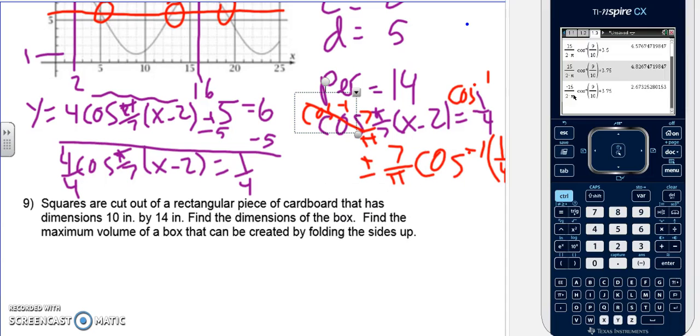So again, you should make sure that you're in the correct mode, which I already checked in the video before. And then we're going to type this in. Make sure you're in radians because this is radians. So cosine inverse, 1/4, and then plus 2. So 4.937.